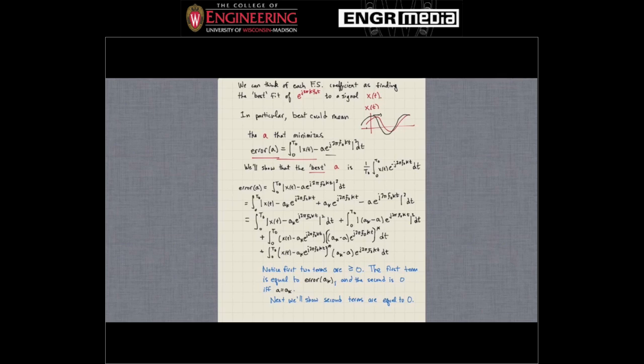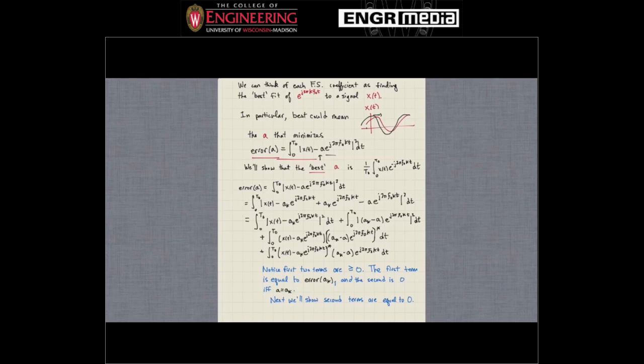Okay, and we'll show that the best value of A that we could put in here, the one that minimizes this error, is actually the equation for the Fourier series coefficient. Which is very intuitive in that it tells us that the A that minimizes the mean squared error is exactly what we're calculating for the Fourier series coefficient. Okay, so how do we do that?